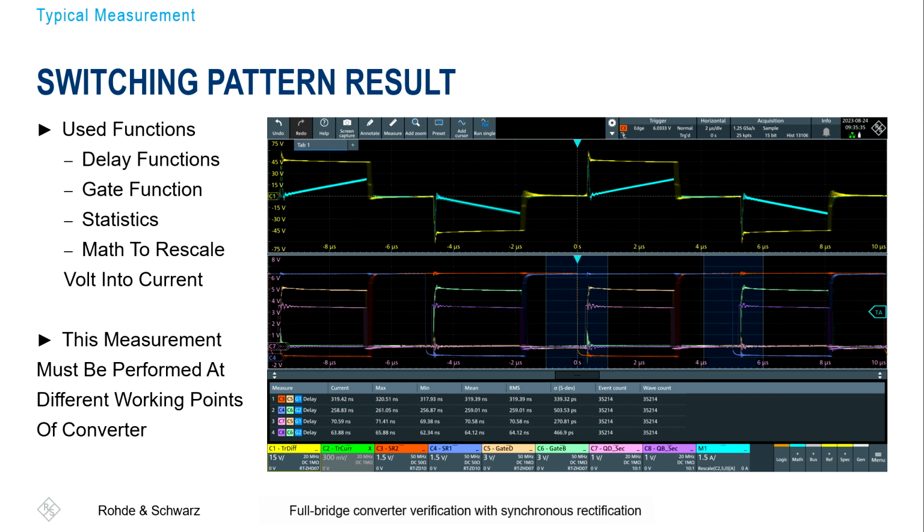That is shown in this table, including all of the history you can get with this automatic measurement tool. Quite important, because this is only one measurement at one certain working point of the converter, and you need to repeat that at different working points, different input voltages, different output currents, and so on, whatever you have defined in your system.